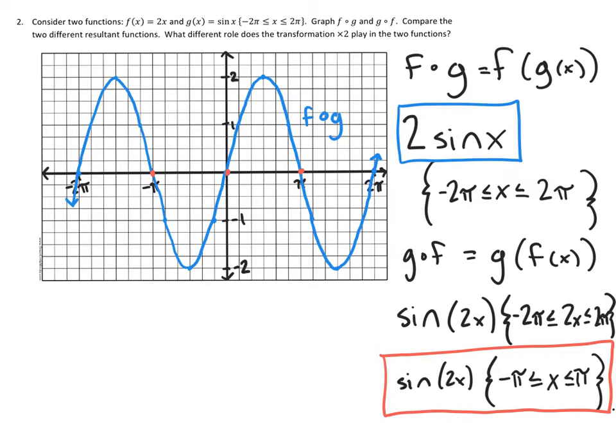So we're still going to get 2 full periods. I'm going to be halfway across at 0, and halfway across again at 0. And we're only going to have values that go up to positive 1, because we don't have that dilation vertically, and down to negative 1. So we get a graph that looks like this.